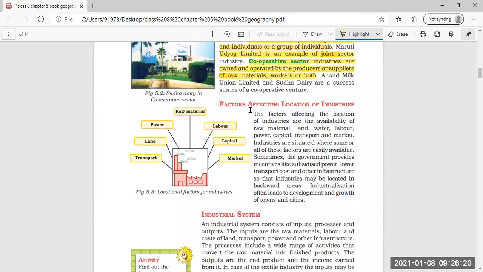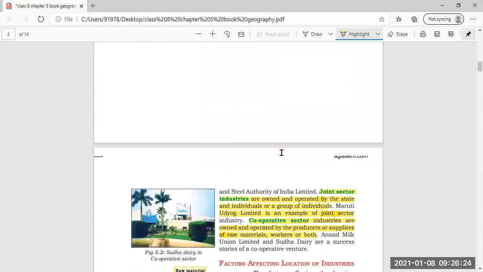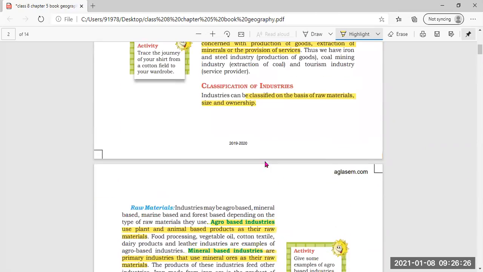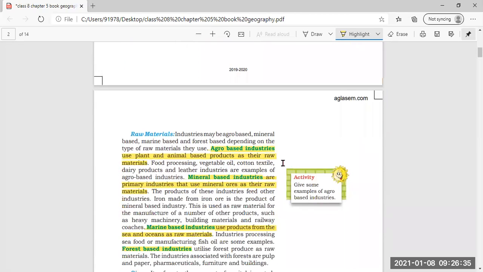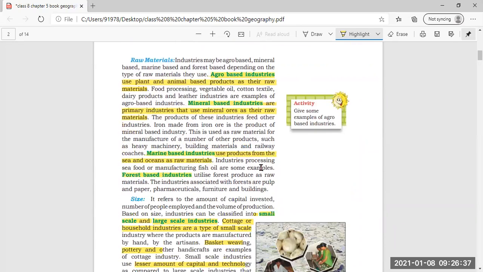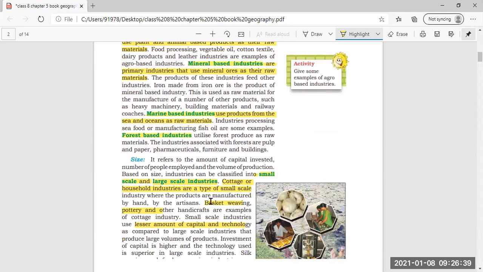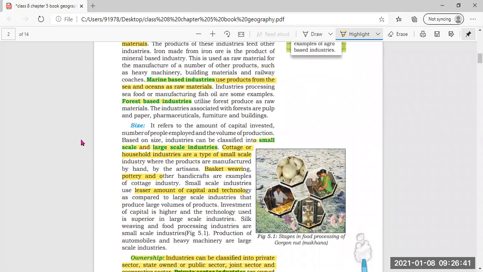The next topic is factors affecting location of industries. Now, till now, we have clearly understood the classification of industries: industries can be classified on raw materials, further classified into agro-based, mineral-based, marine-based, and forest-based. Then industries based on size, again with subdivisions: small scale industries and large scale industries.